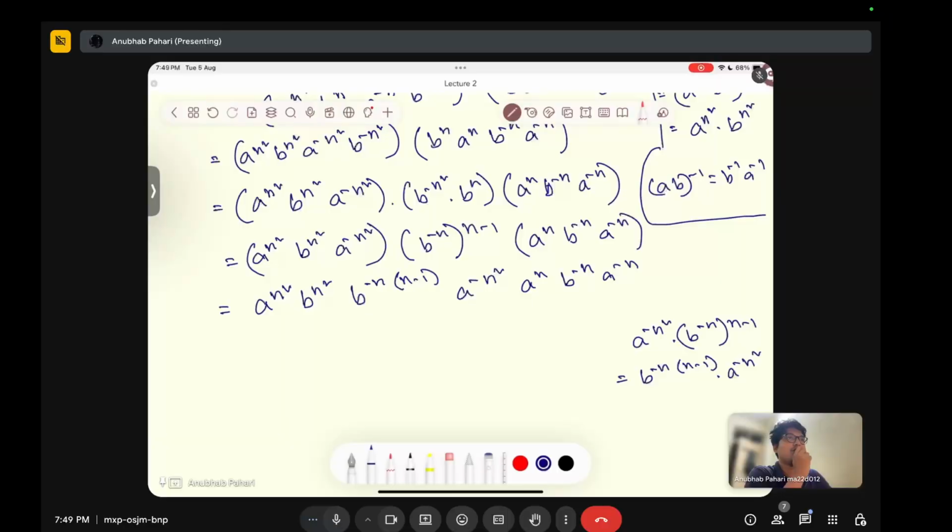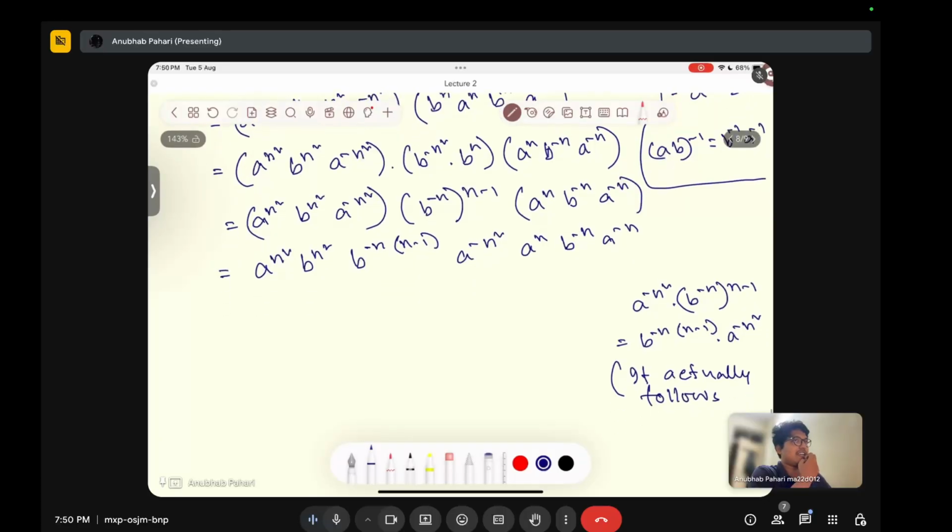I think you want to use the first statement of this problem. Yeah, it actually follows from that. So let me give this as an exercise. Until this, I had proven everything.